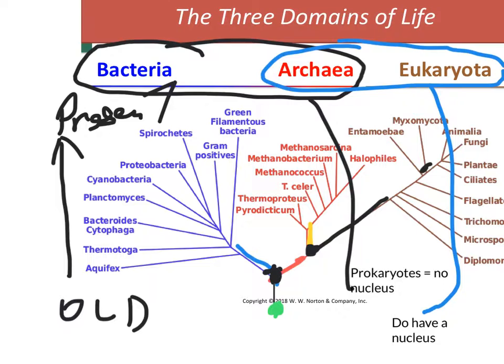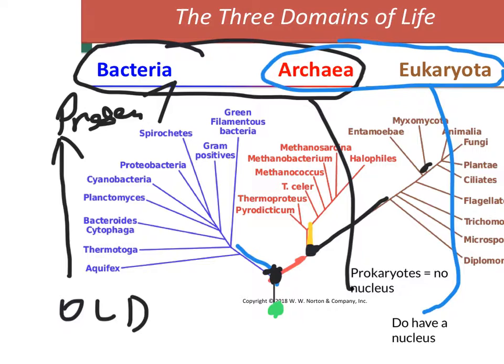Oh, one more thing. So this diagram basically says that all life is related, that all life is descended from a common ancestor. That happened a long, long time ago.